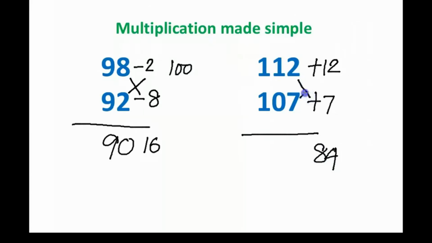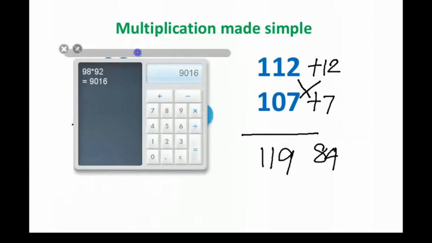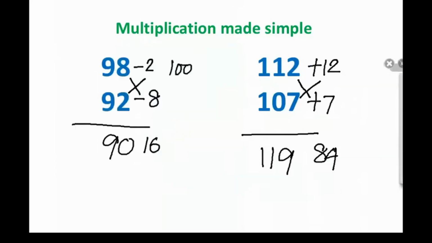Now we multiply both numbers, 12 into 7, which gives me 84, and I need to do a cross addition, that is 112 plus 7, or 107 plus 12. Whatever I do, the answer is 119. So the answer is 11,984. Let's check if it is correct or not. 112 into 107 gives you 11,984. That's exactly what we found.